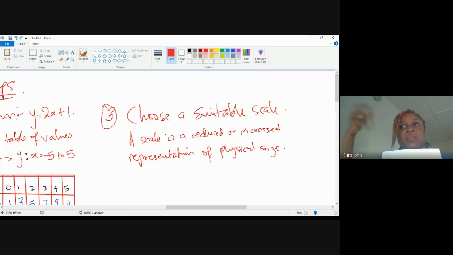How do I put a 100 meters race inside here? That means I have to reduce the size with a formula. That reduction is what we will now put on the graph, which is the same size but at a minimized level.